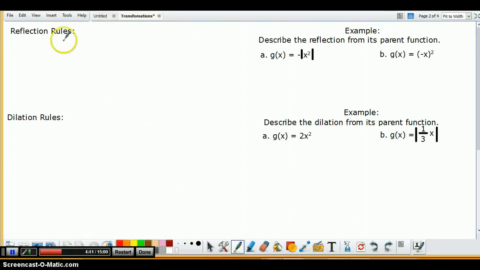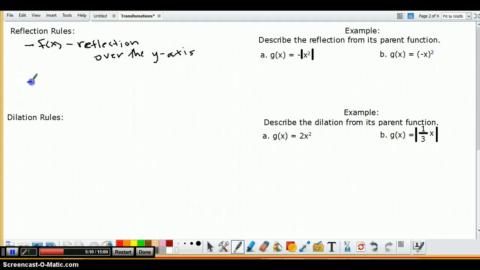All right, so reflection rules. We have 2 reflection rules. We have negative f of x, which is a reflection over the y-axis.